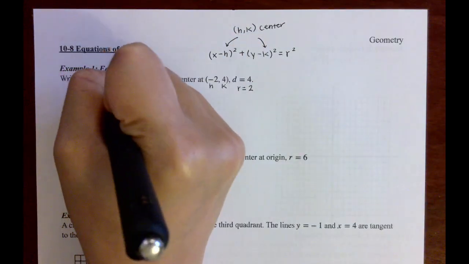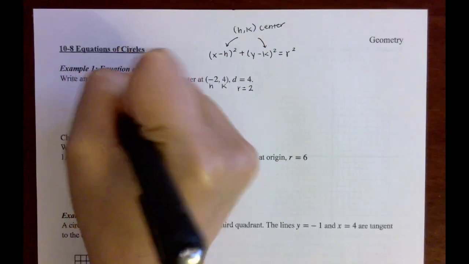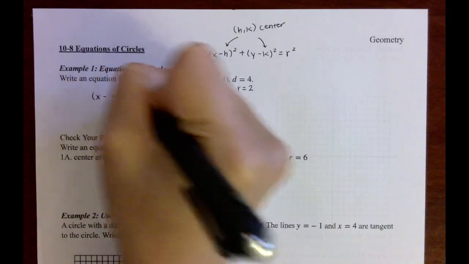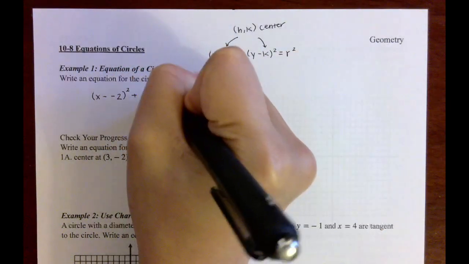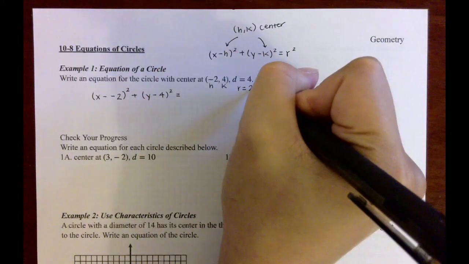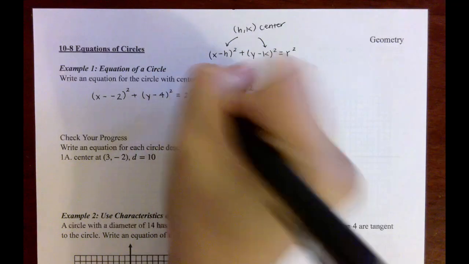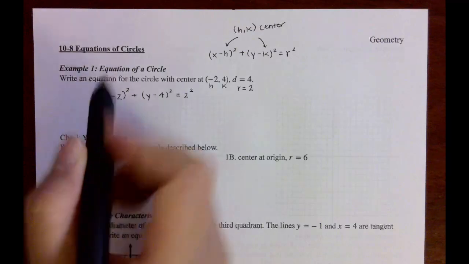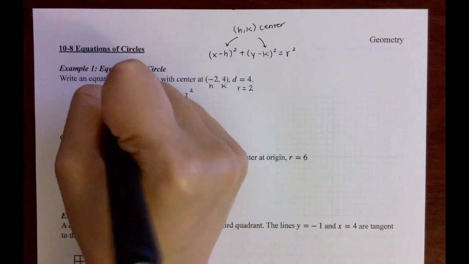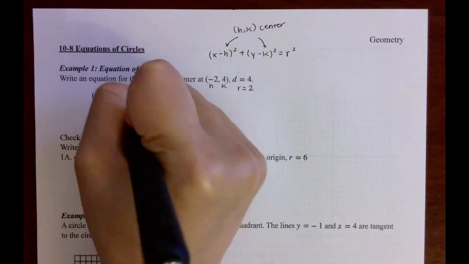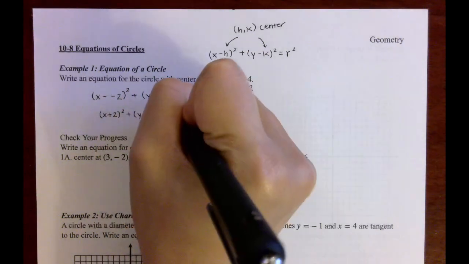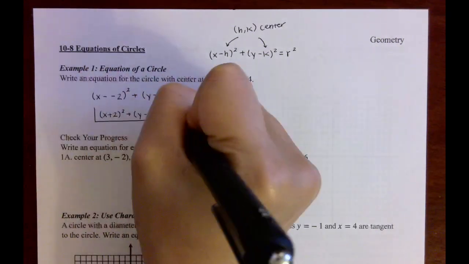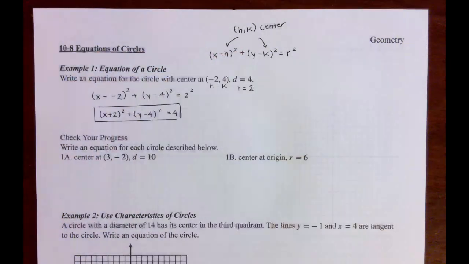So (x minus -2) squared, x minus h, plus (y minus my k value, 4) squared, equals my radius, which is 2 squared. I'm just going to simplify that minus and negative to be plus. And then 2 squared is 4. And so here is the equation of my circle.